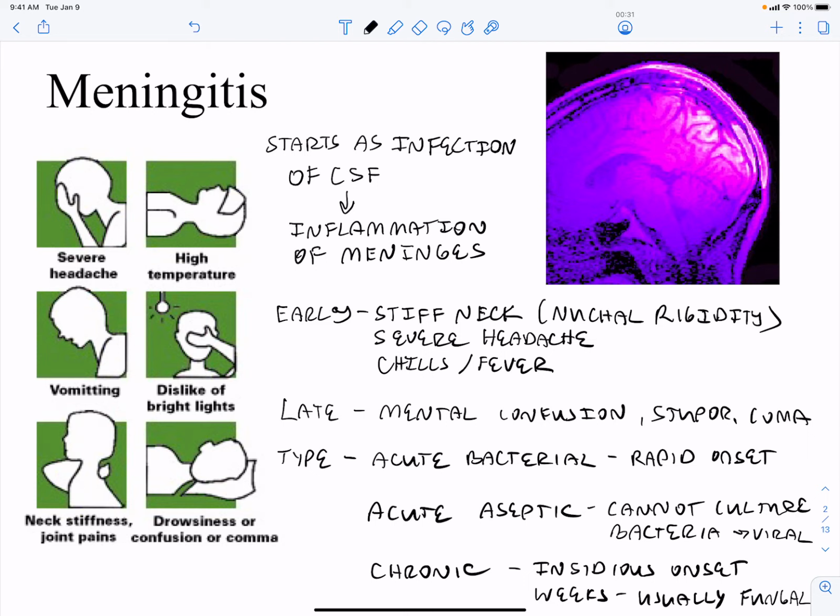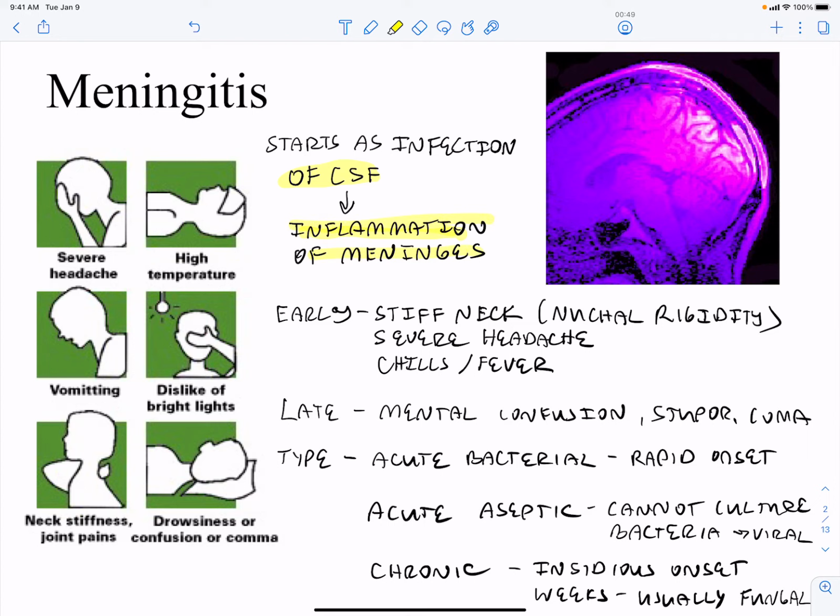Meningitis is an infection that is able to get access to the cerebrospinal fluid. So you're going to get infection of the cerebrospinal fluid, and this leads to inflammation of the meninges, the membranes surrounding your brain.